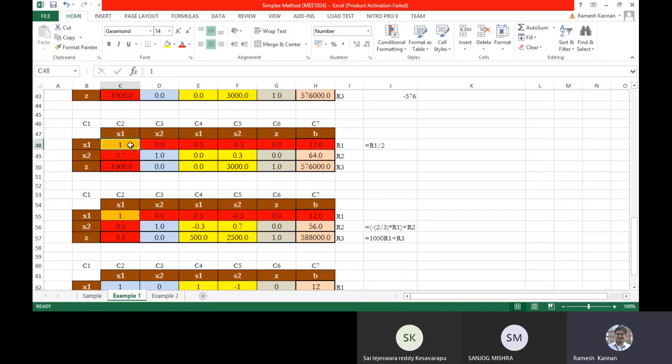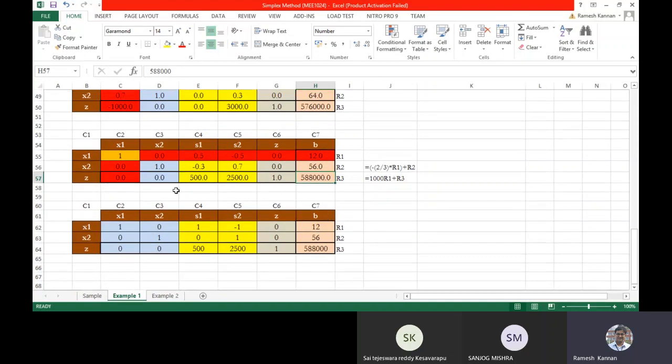So 1000 into 1 plus minus 1000 is 0. 1000 into 0 plus 0 is 0. 1000 into 0.5 plus 0 is 500, and minus 0.5 into 1000 plus 3000 is 2500. 1000 into 0 plus 1 is 1, and 1000 into 12 plus 576,000 is 588,000. Once that is done, the second iteration is over.